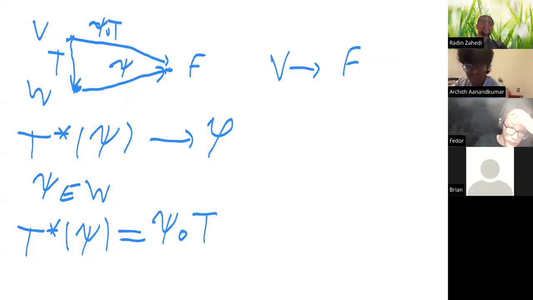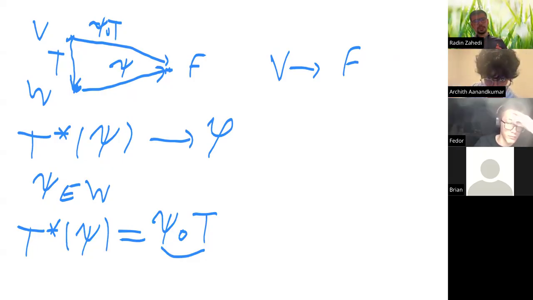And clearly, this is first a linear functional because, of course, it's just the composition of two linear maps. And one could also check that this transformation is a linear map between W star and V star.